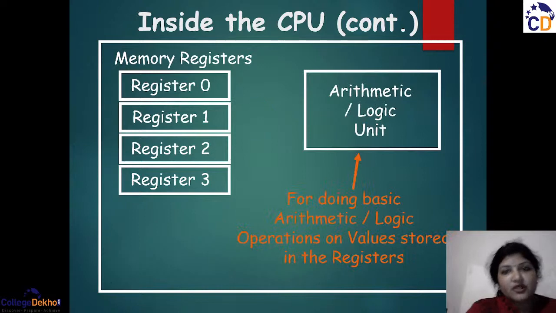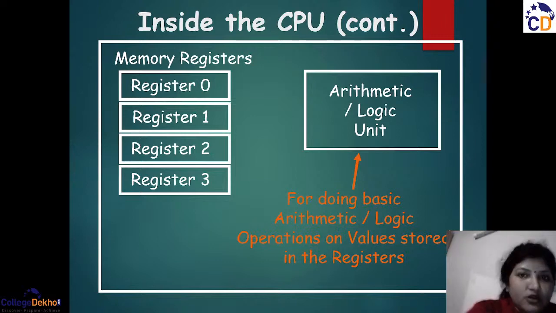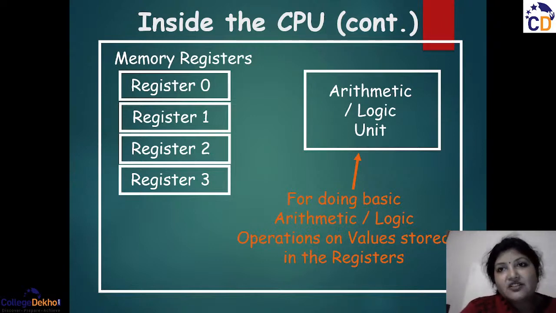Let us move to the next point. Arithmetic logic unit for doing basic arithmetic and logic operations on values stored in the registers. Whenever we talk about the CPU, it has three main components. What are those? Arithmetic logic unit, control unit and memory unit.